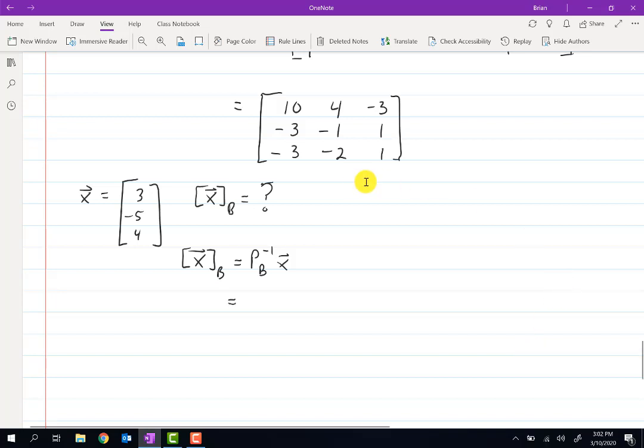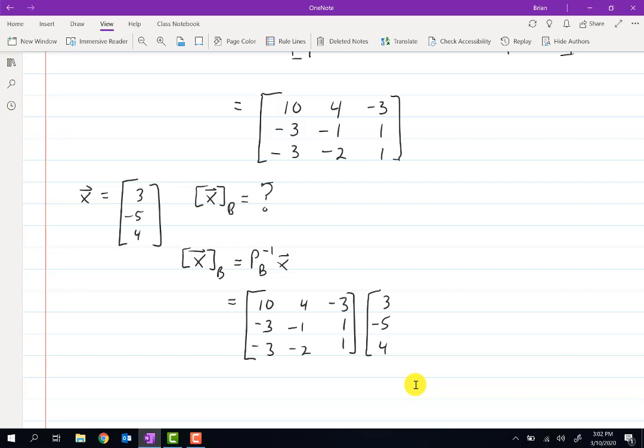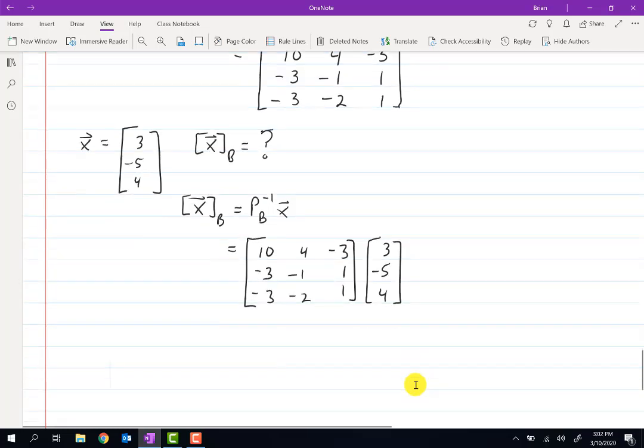There's my P_B inverse, so let me throw that in here. And throw my X in. 3, negative 5, 4. And let's go ahead and multiply it all out.